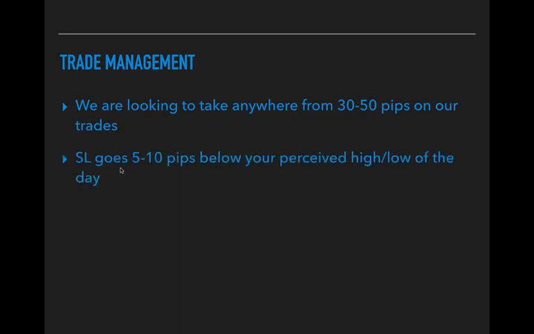Your SL goes 5 to 10 pips below your perceived high or low of the day. And then your risk reward ratio should always be 1 to 1 or better. This is a big one for me, because if your risk reward ratio is less than 1 to 1, then you're basically doing more work than you need to, because you have to work double hard if you take a loss.